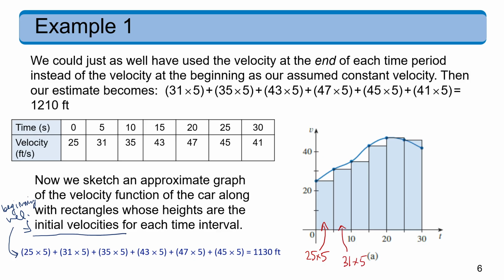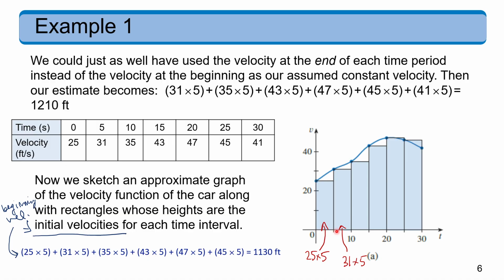And so the area, which is this term here, is the distance traveled during the time interval 5 to 10 seconds. So each of these areas represents distance traveled over the corresponding time interval.